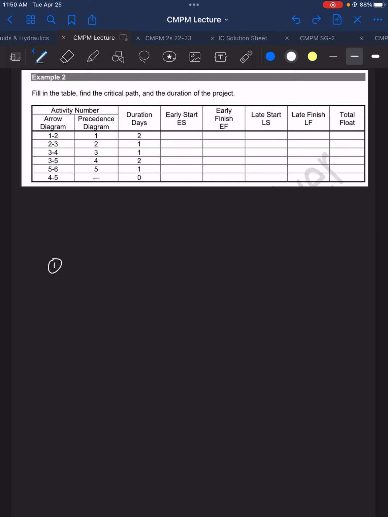So this is 1, and this is the end of the arrow. So this signifies our activity.